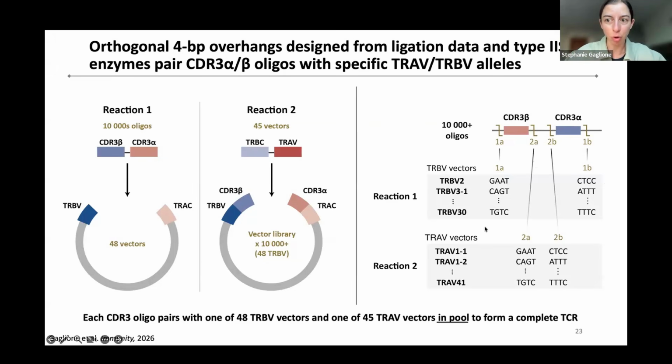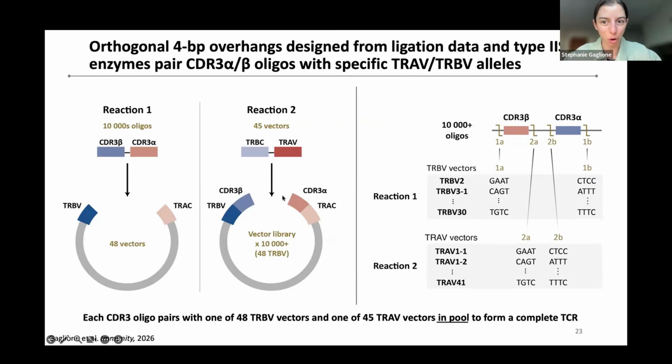But because we're using 2 overhangs, a single mispairing event produces something that doesn't transform. Additionally, if you have a mispairing at some point in here, you also end up with a product that's not a TCR. So there are some safeguards within this type of system that very elegantly ensure you can relatively easily filter out anything that would produce something that was not a productive TCR.